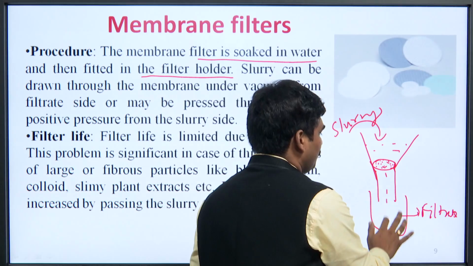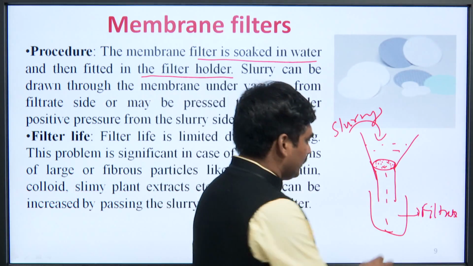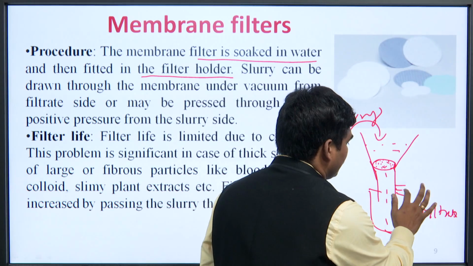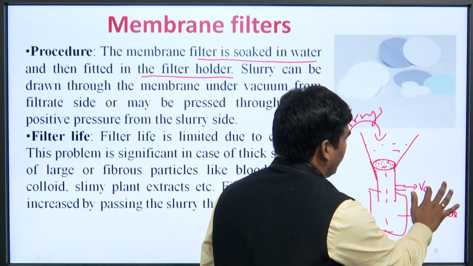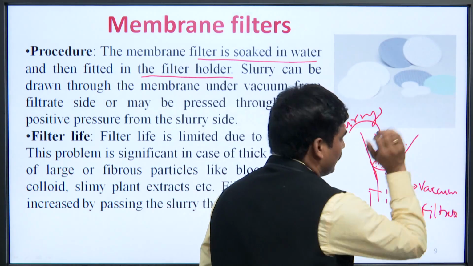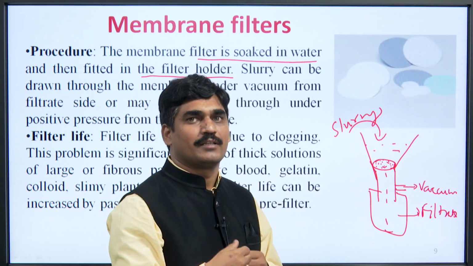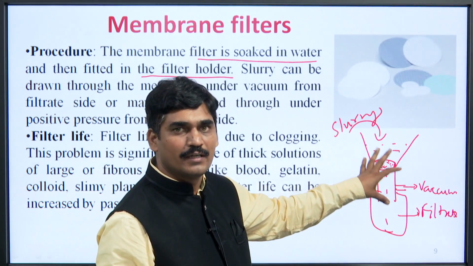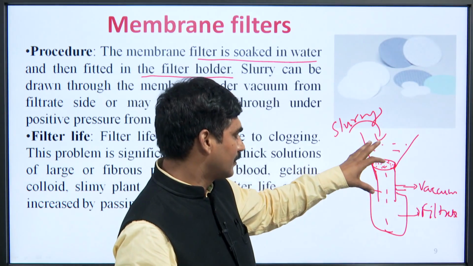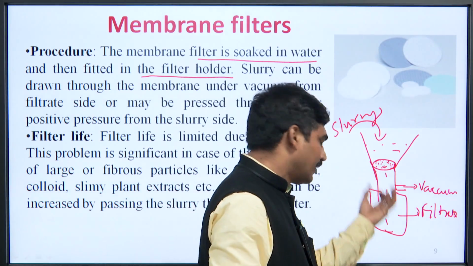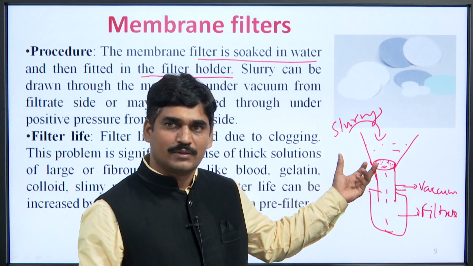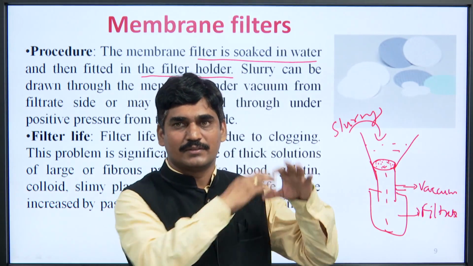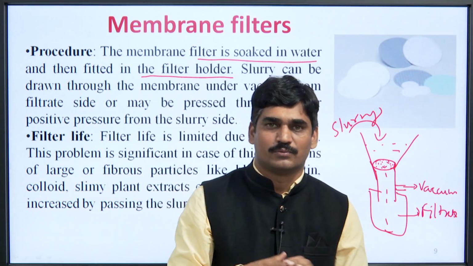Okay. Here we have to close this chamber, and at this position we can apply vacuum so that a negative pressure is created around the whole filtration assembly, and the filtrate can be collected. If you apply this negative pressure, it increases the rate of filtration also. In this way, the membrane filter works.